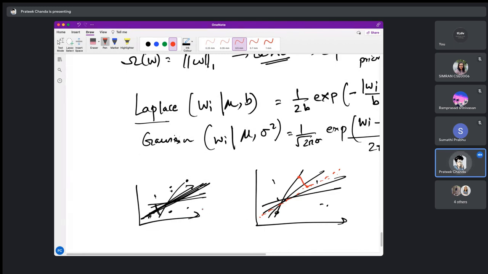So the expectation over my particular estimator minus the mean of all the estimators, whole square, would be my variance, and bias would be basically the difference between a particular estimator, let's say estimator 1, minus the average of all the other estimators. So on a high level, that's the definition.